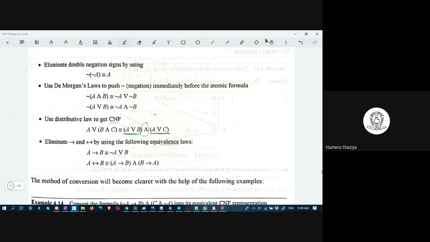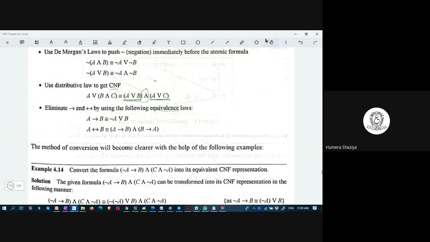A implies B is equal to not A or B. A equivalence B is equal to A implies B and B implies A. These rules can be leveraged in order to transform any formula into conjunctive normal form.